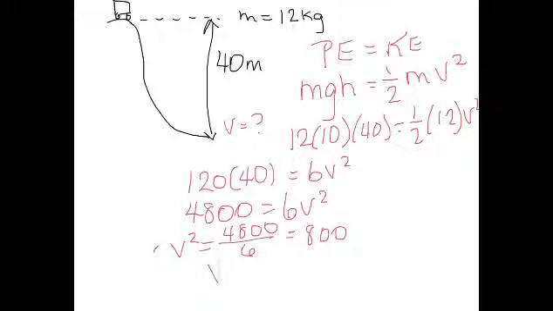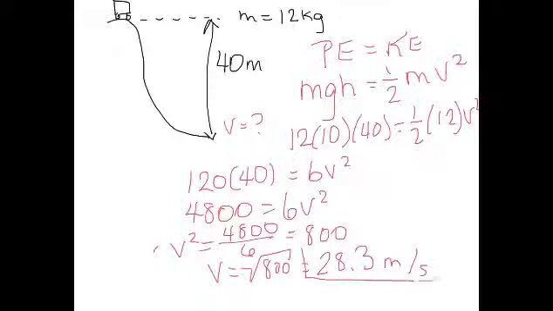So velocity is the square root of 800, which is 28.3 meters per second. So the cart at the bottom of the hill is traveling at 28.3 meters per second.